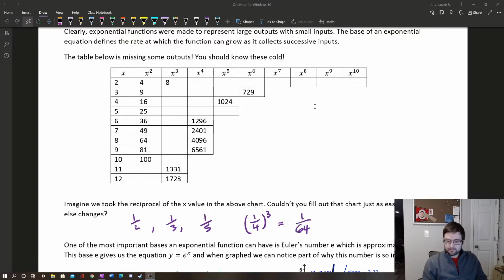Yeah, we would. So that's an important thing to keep in mind, this number 1/4 is between 0 and 1, so we know it's going to be a decay graph, and as our x got bigger, going from 1 to 3, the y values got smaller, going from 1/4 to 1/64th. So just as easy to fill out.